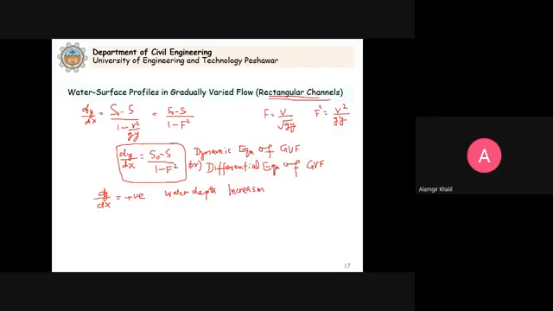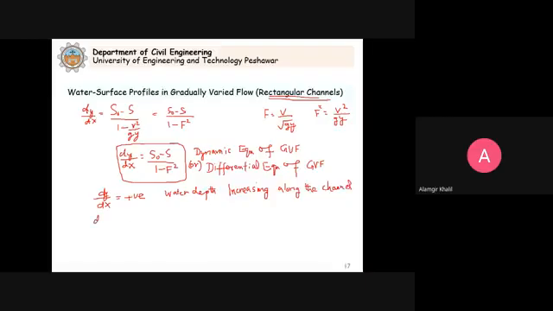If you get plus sign, whatever the value, we are not discussing the values here. Water depth is increasing along the direction of flow, or you can say along the channel.